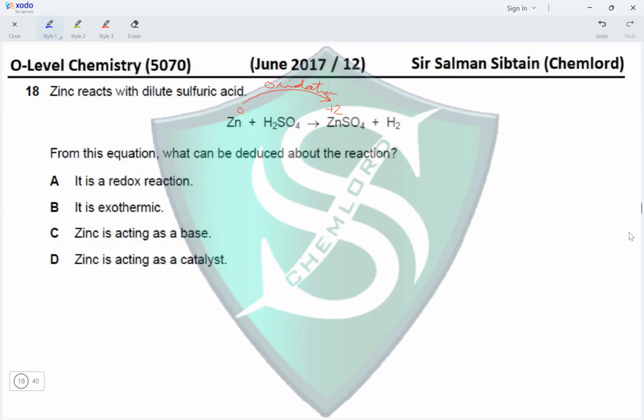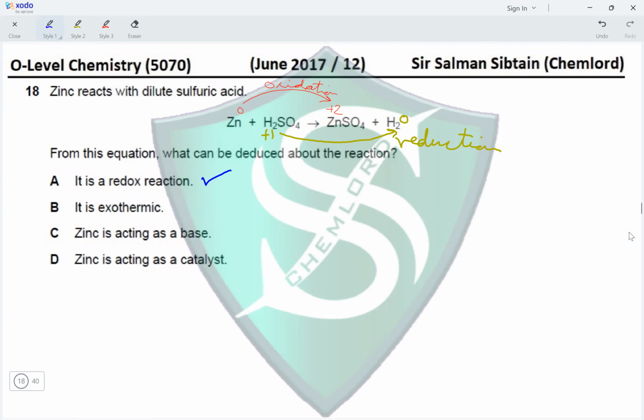While H2SO4 has H positive ions with a charge of +1, and on the product side in the hydrogen gas the oxidation state of hydrogen is 0. So +1 to 0 is reduction. Therefore, both reduction and oxidation are taking place in this reaction, making it a redox reaction.